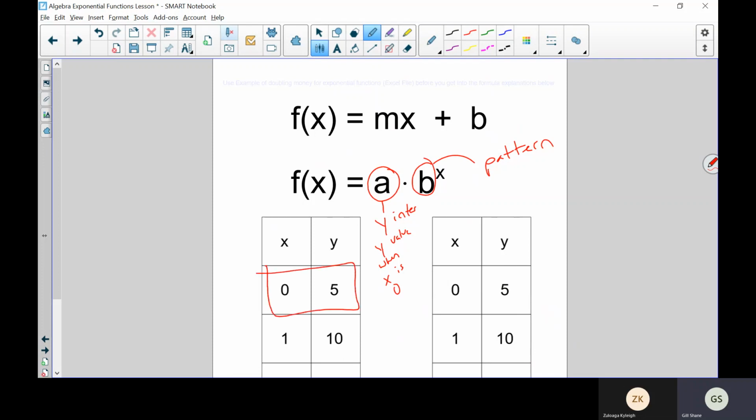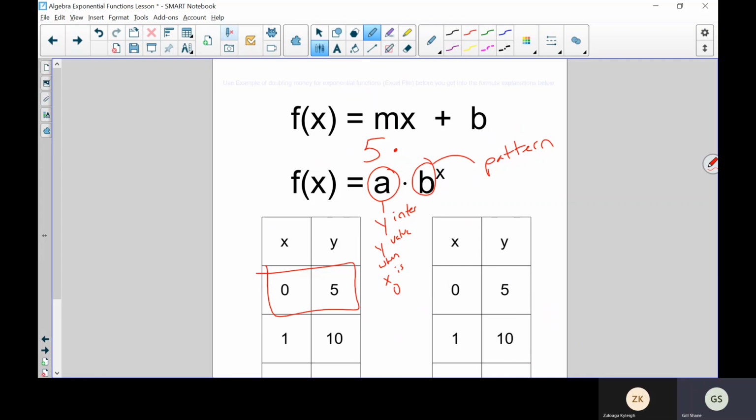When x is 0, what is y? All you do is draw a rectangle around where x is 0. Whatever the y value is in that rectangle, that's your A. So 5 is the y value when x is 0, times what's the pattern? Just the number part. 2 was the pattern. 2.